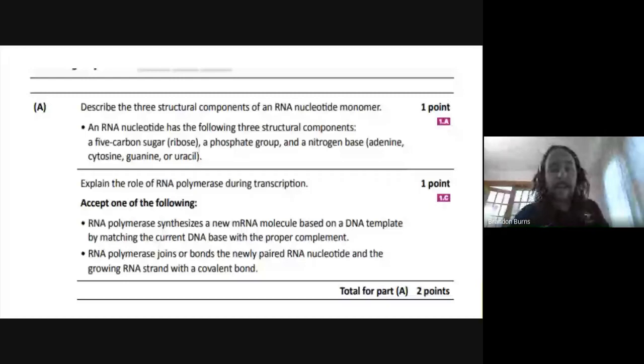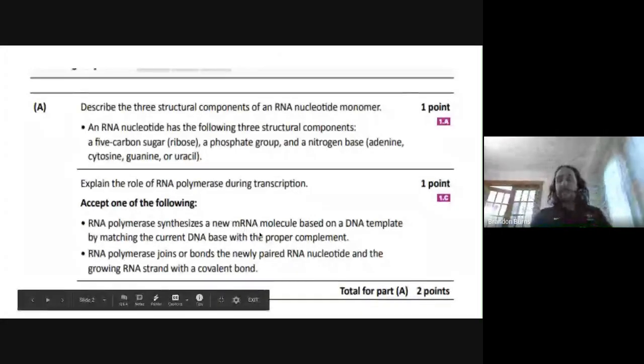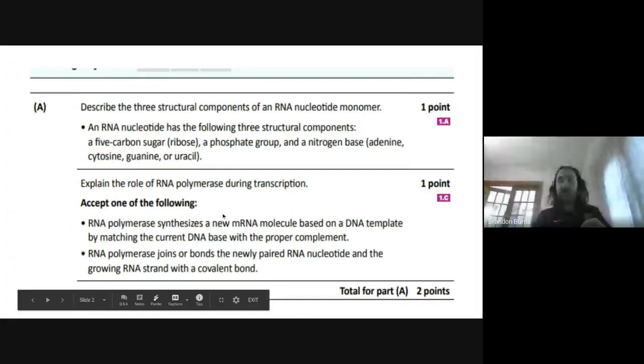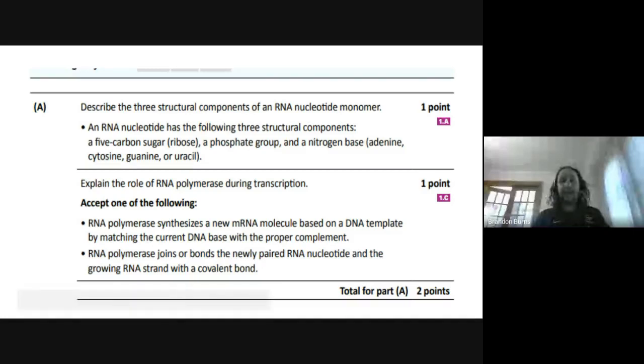My guess is most of you would have tried to earn point number 1 on there. So unless you were thinking about the biochemistry and you're like, how does it physically connect the nucleotides, and you were starting to talk about covalent bonds, you were probably talking about mRNA. It's not enough to just say, though, that RNA polymerase makes mRNA. Okay.